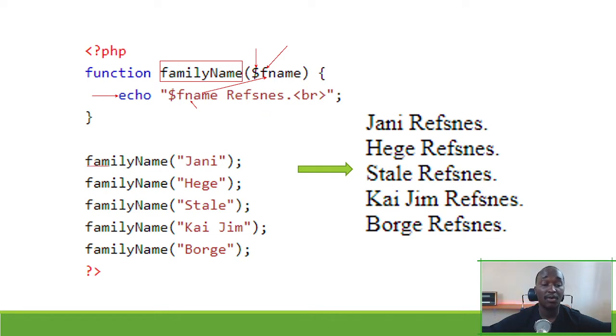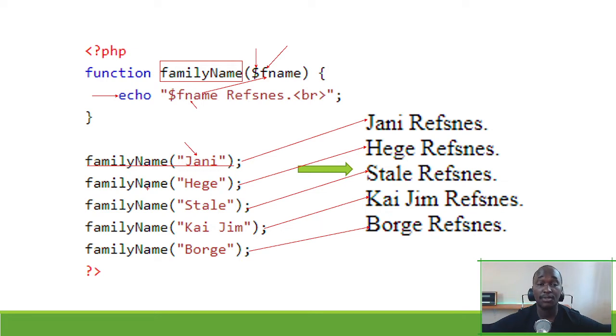Now we can call family name several times while passing it some value. When you call it the first time, we are passing it Johnny, and therefore this is going to be printed out. When we call it the second time, we are passing it another name, and so on for the third and fourth. You can see that with the function, you can execute the same code repeatedly, but with different values.